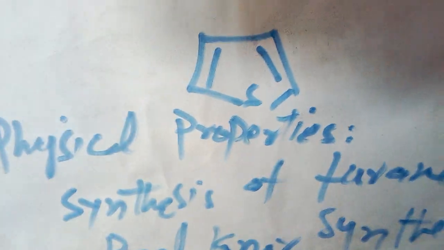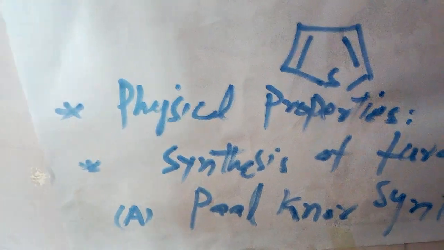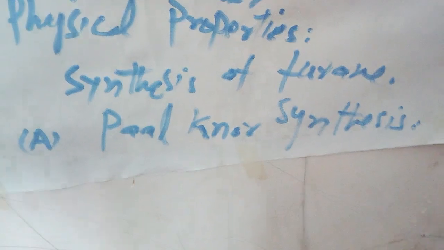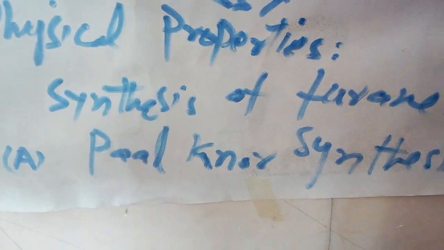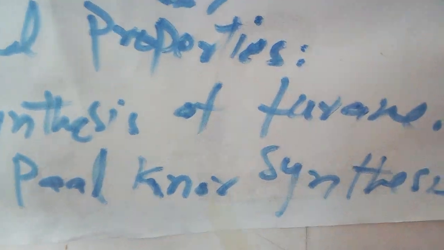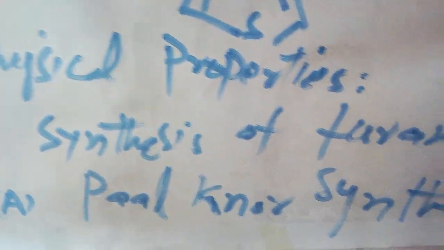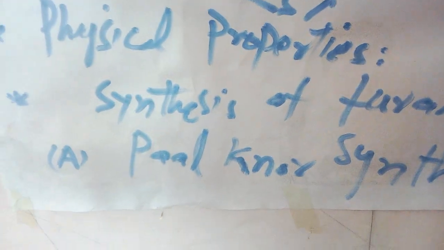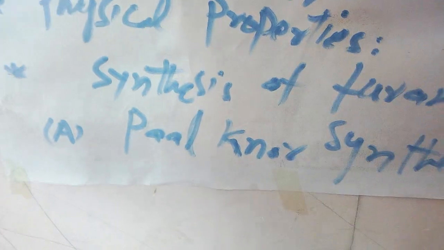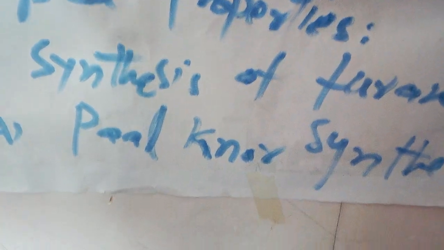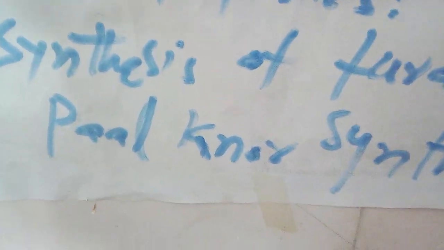First of all, of these three 5 member heterocycles, furane, pyrrole and thiophene, I would like to discuss the synthesis and physical and chemical properties of all these one by one. The first one is synthesis of furane. There are various ways of synthesizing furane. One is commercial synthesis of furane, otherwise Paal-Knorr synthesis, and the third one is Feist-Benary synthesis.